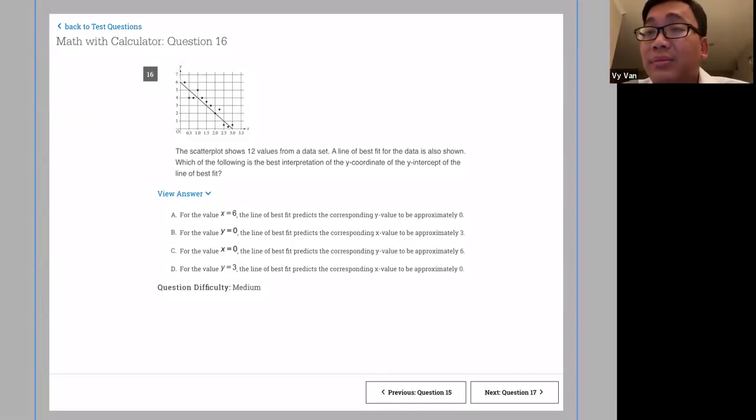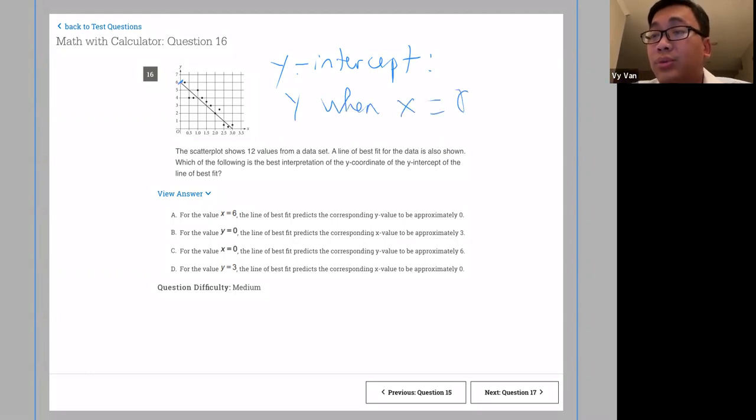So the y-intercept is the point where it crosses the y-axis right there, and it is y when x is 0. So which one says that? So for x is 0, right there, and it's 6, okay?